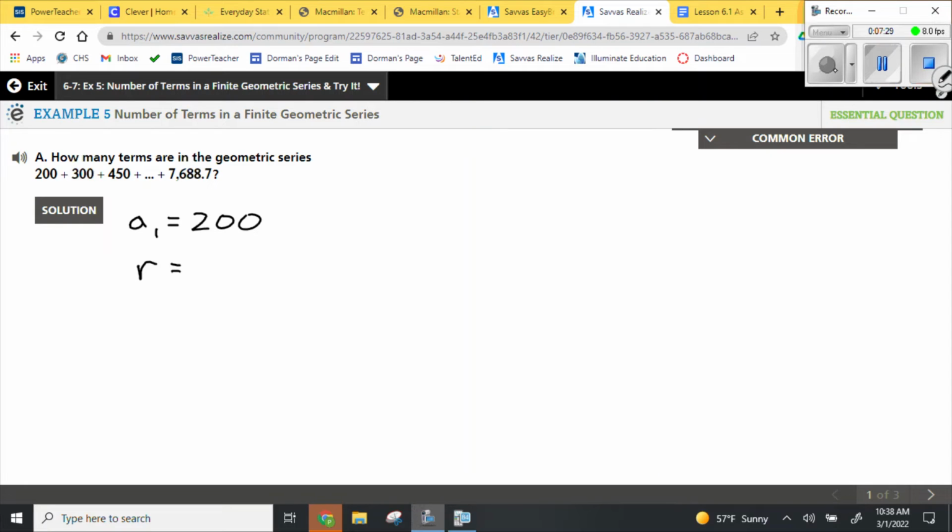We check them all out, and we'll put it as 1.5. We can put it as 3 halves if you want. I think we're going to leave it like that. And then we also know that the last term, our nth term, a sub n, is equal to 7,688.7. So there's our information.